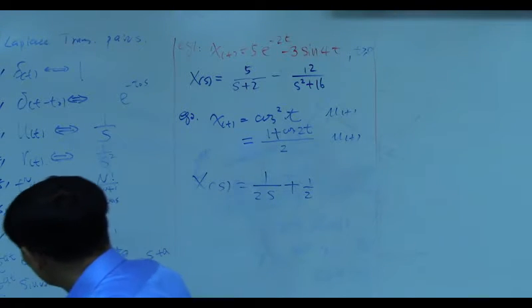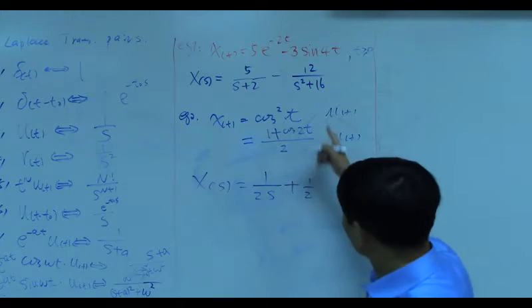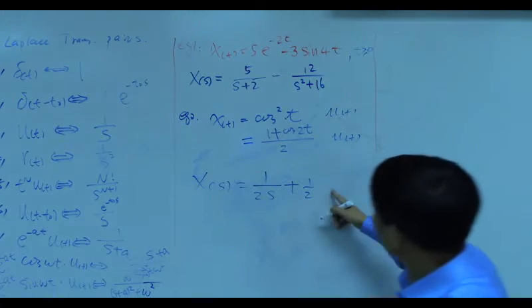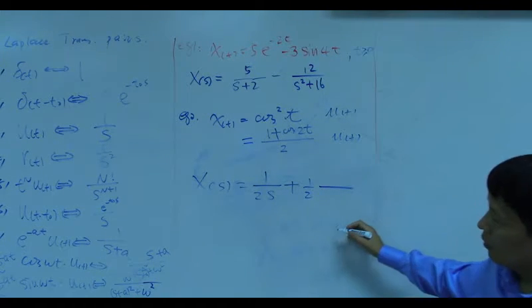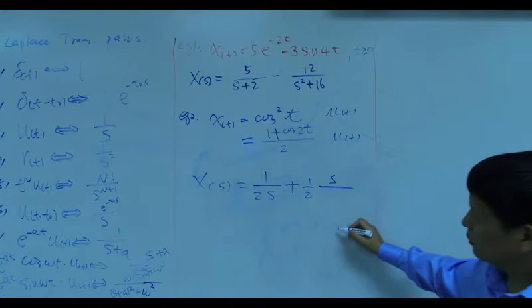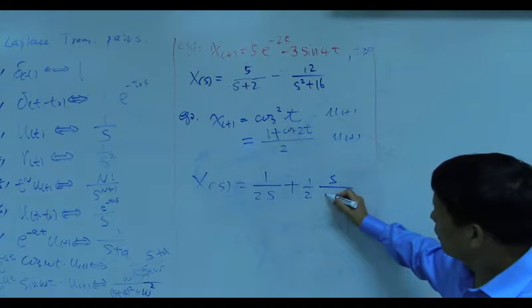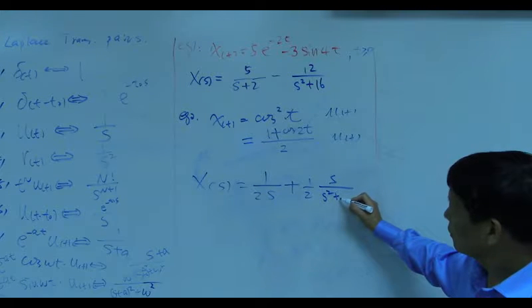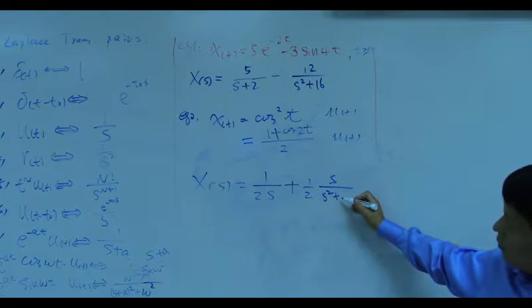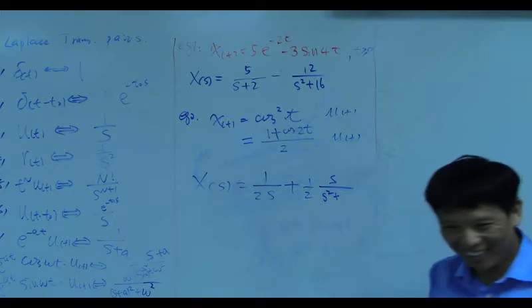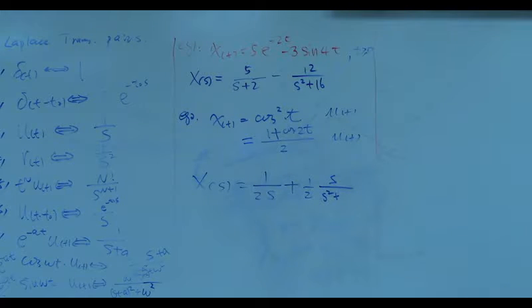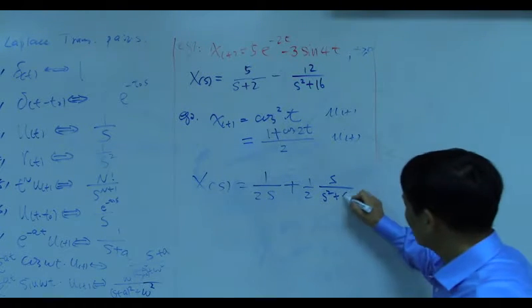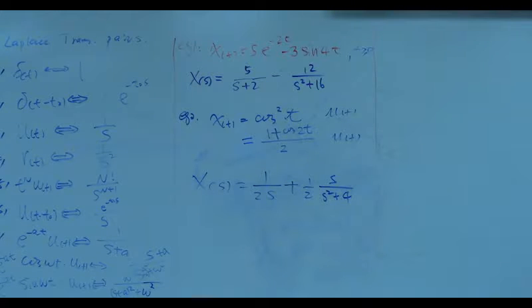Number 8 is cosine. Oh yeah, you're right. Okay, we use cosine, right? So it would just be s on the top, over s squared plus 2 squared on the bottom. Okay, 2 squared, plus 4, right? Make sense, everybody? Plus 4.